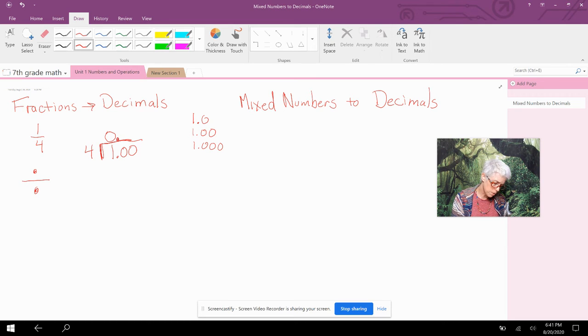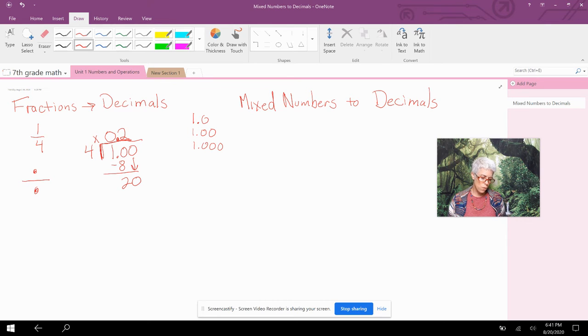And so I'm going to bring this decimal straight up, and now I'm going to ask myself, how many times does 4 go into 10? It goes into 10 2 times. 4 times 2 is 8. Bring the 0 down, and now you ask the question again.